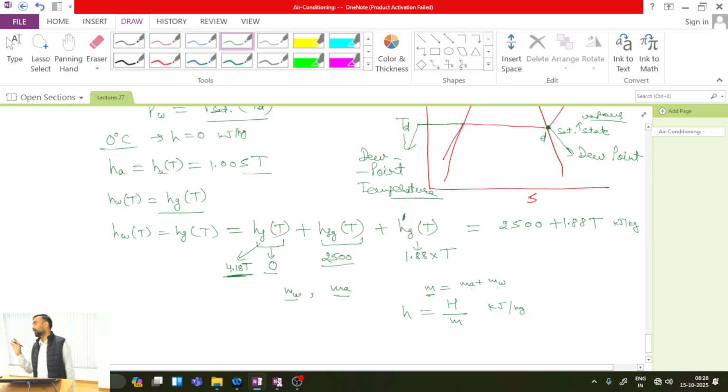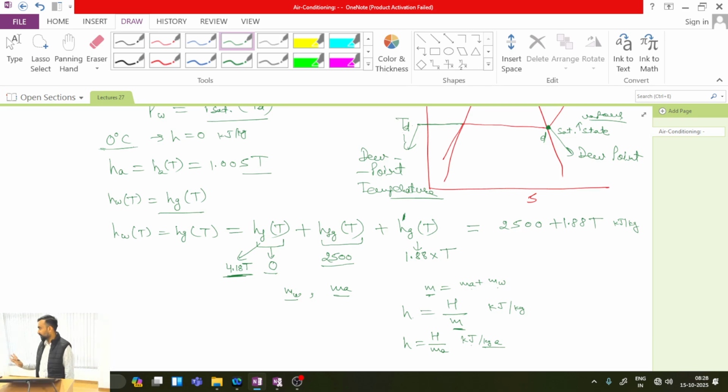But generally, in air conditioning, we do not represent the properties of moist air in terms of its total mass. We represent them in terms of the mass of the dry air.